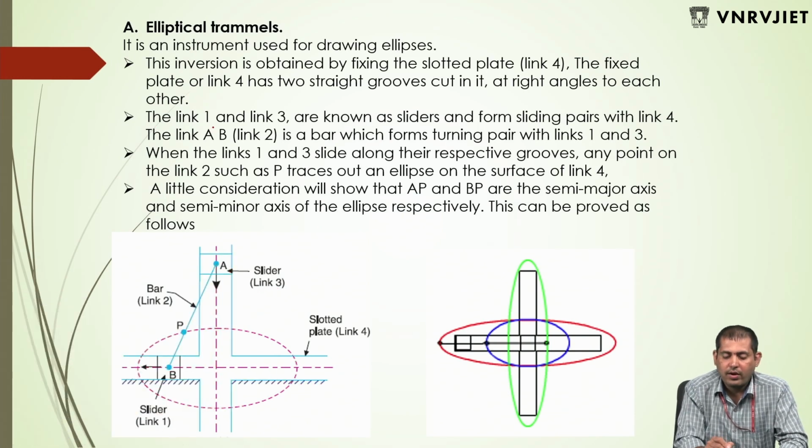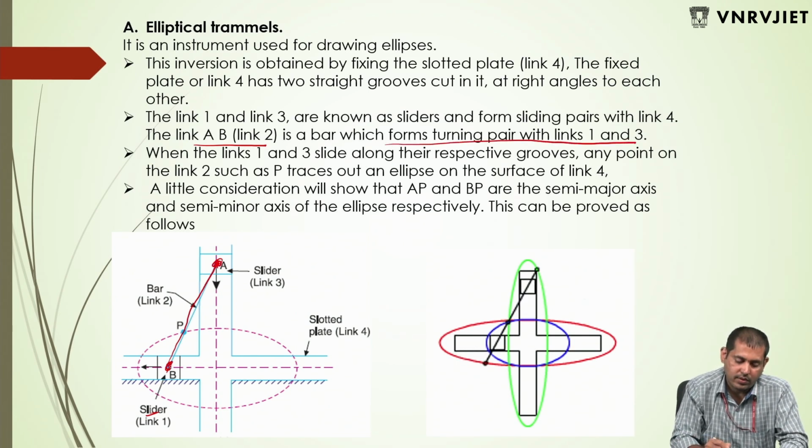Next, link 1 and link 3 are known as sliders, forming sliding pairs with link 4. The link AB, or link 2, is a bar which forms turning pairs with link 1 and 3.